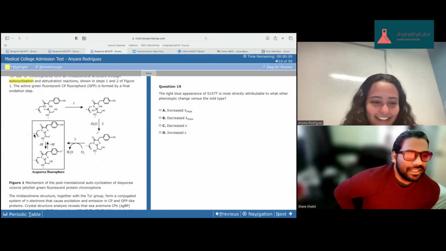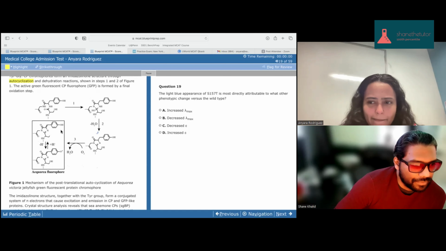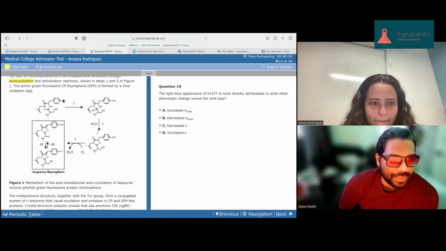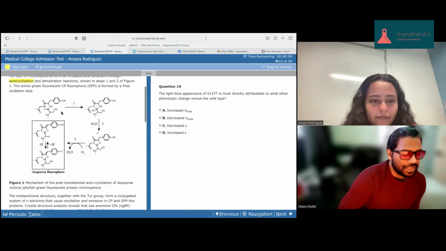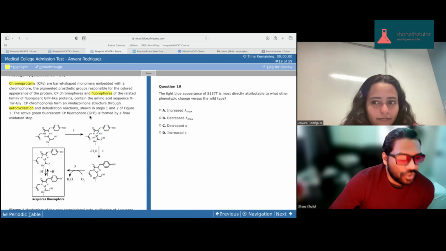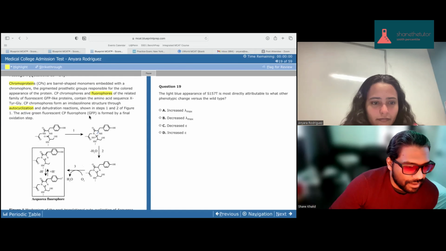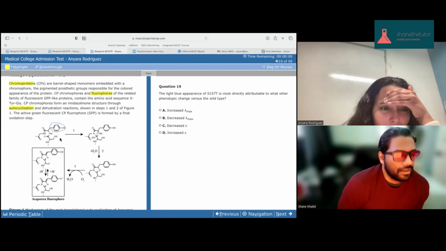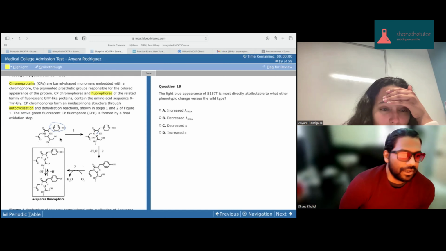I would start from the first thing that we see here, because that's what they mentioned up top, the X tyrosine glycine. So we have our tyrosine there, right? And what else do we have here? There should be a glycine somewhere, right? Could be that one.